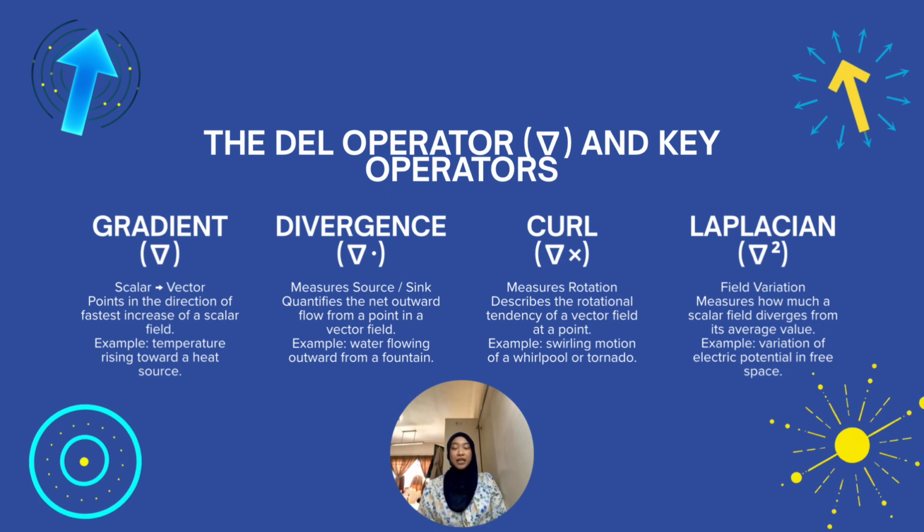The second one is divergence, which measures how much a vector field spreads outward from a point. The third one is curl, which describes how much a vector field rotates around the point. And finally, the Laplacian, which is commonly used to analyze how a field changes in space, and it is very useful in solving many engineering problems.